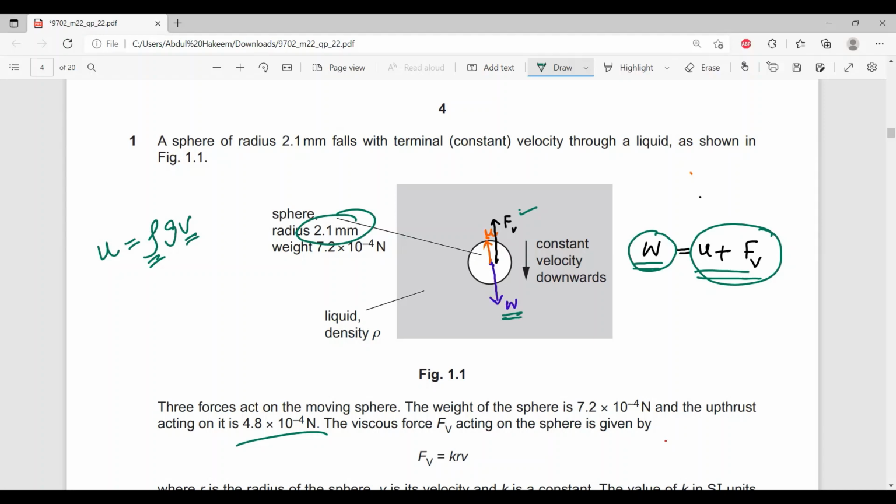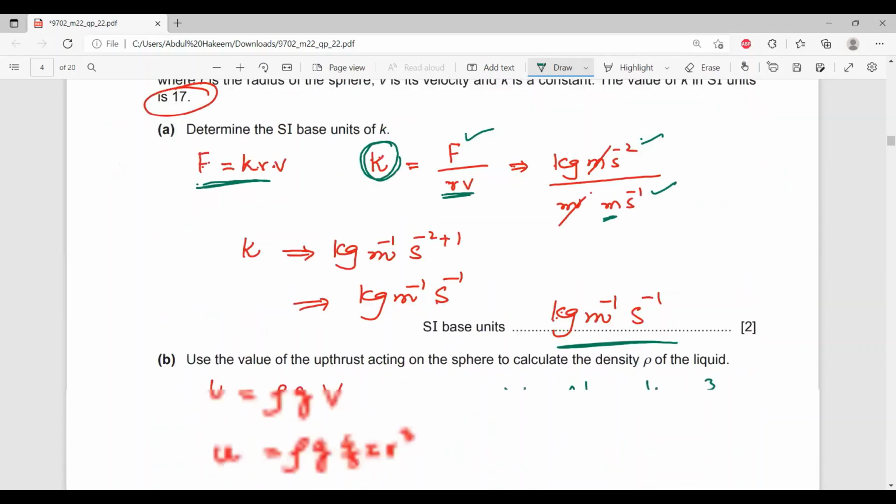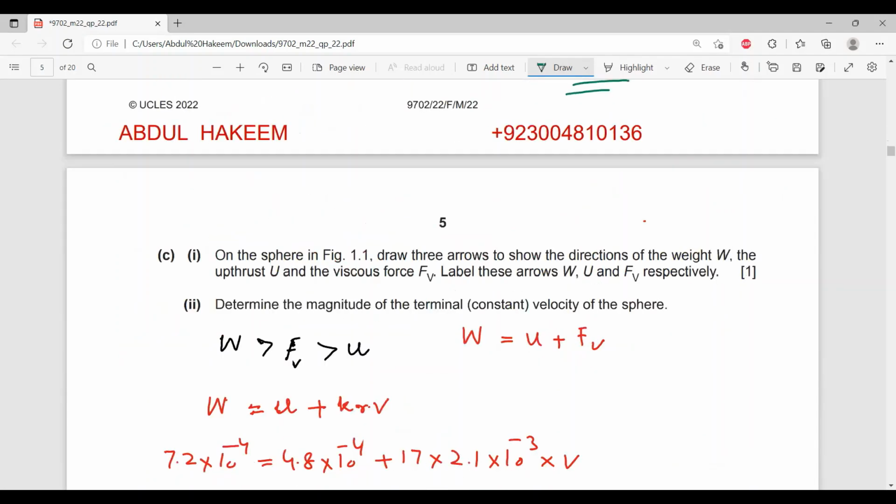So in order, weight is greater than the drag force, and the drag force is greater than the upthrust, when magnitudes are compared. So do remember, weight is always greater than the upthrust and the drag force, but the drag force is greater than the upthrust. Now move to the next part.